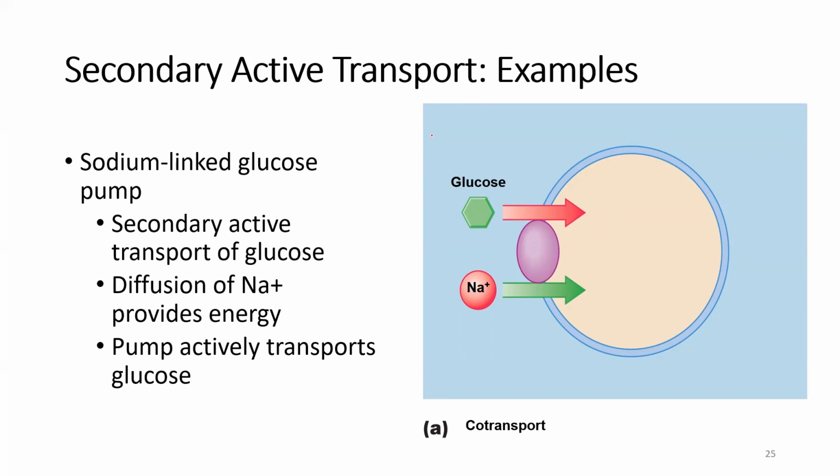And so again, this is moving glucose against its concentration gradient, but sodium according to its concentration gradient. And then this can give up the energy that this process requires. This is called co-transport, by the way, and this is specific to sodium-linked glucose movement, because both of these particles happen to be moving into the cell.